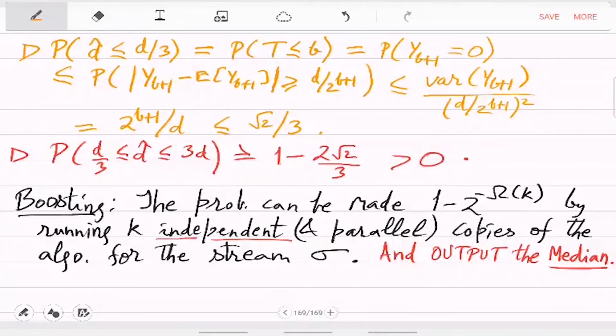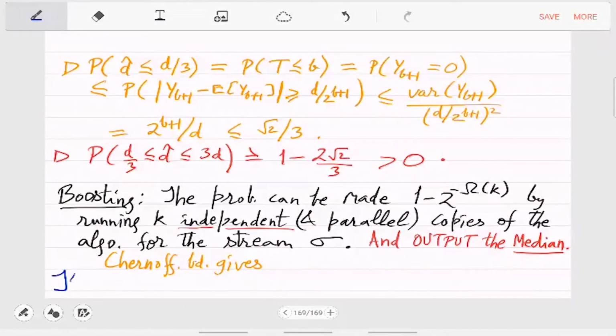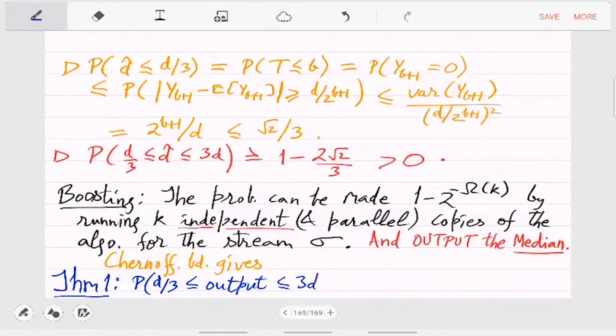So, Chernoff will give you the theorem that the probability that the output is between d by 3 and 3d is quite high, as high as you want. And how much space is needed? Well, log n was for the algorithm, so it's k times log n now.